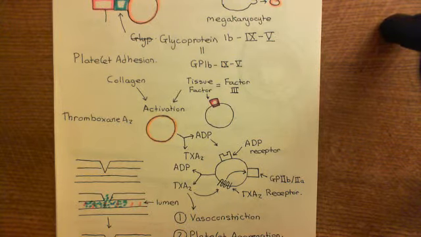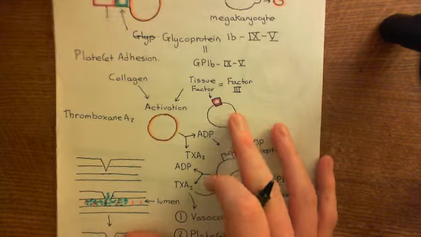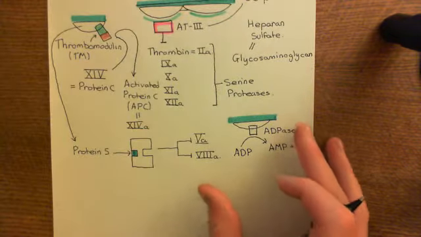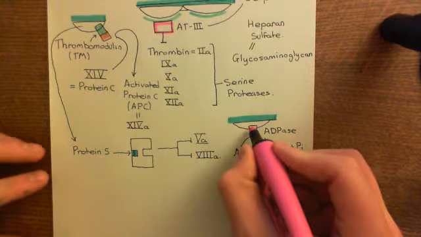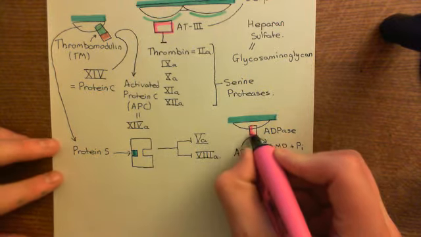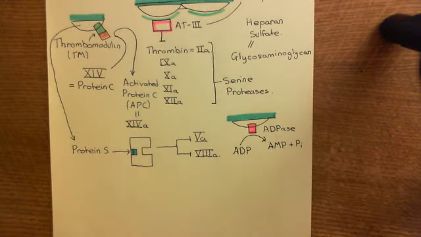So if you don't get the activation process, you're not going to get the release of thromboxane A2, and you're not going to get the platelets becoming sticky, so you're not going to get platelet aggregation. That's the role of this ADPase on the surface of the endothelial cells, to try and prevent that chain reaction of platelets becoming activated, and therefore stop the rise in thromboxane A2. Okay, so there's one mechanism.